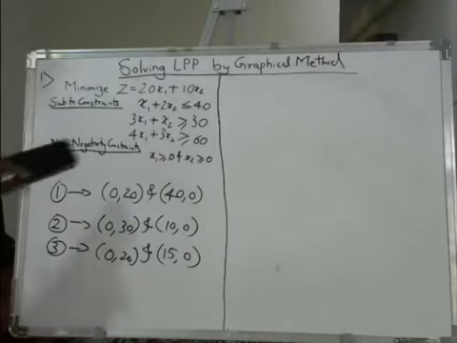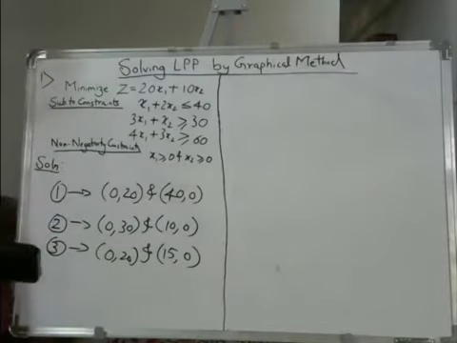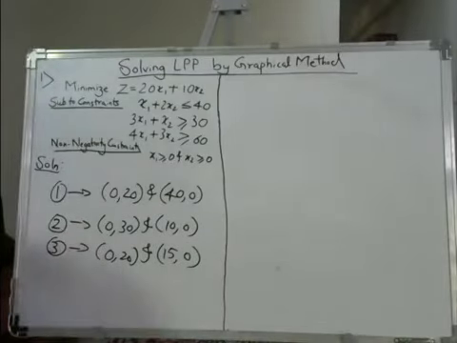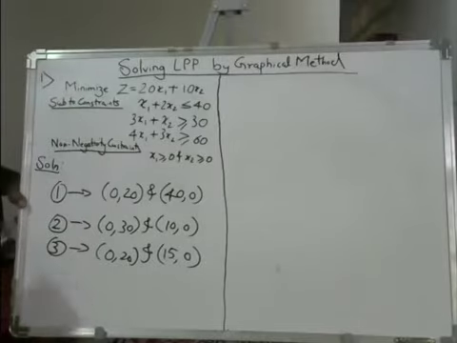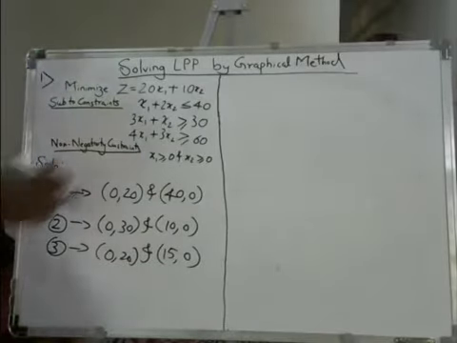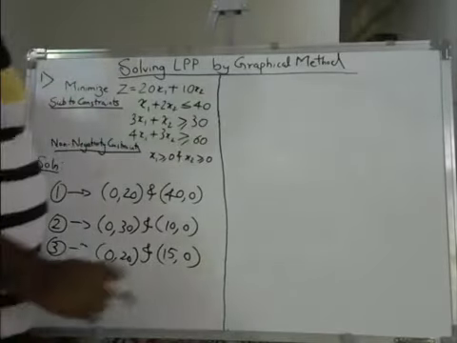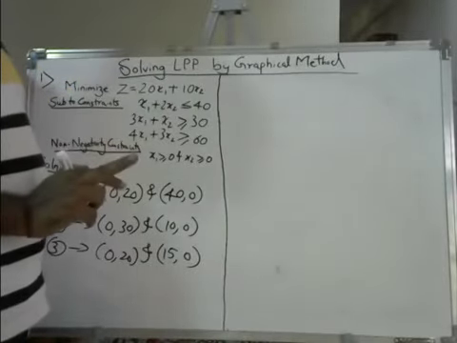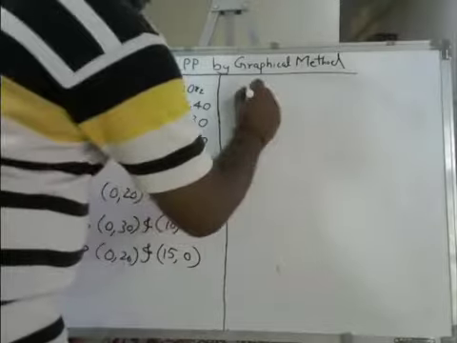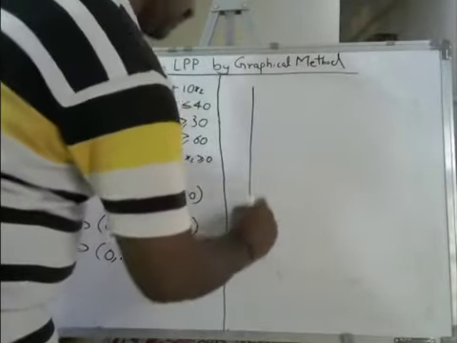Now, non-negativity constraints are always there: x1 and x2 should be greater than or equal to 0. For the coordinates of these three equations, we need to plot a graph. Here we will plot a graph and see how it goes. We need to have two axes, x1 and x2, together. Now, let me take this graph this way.